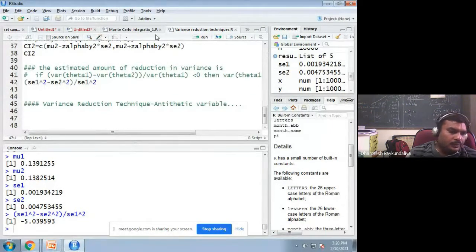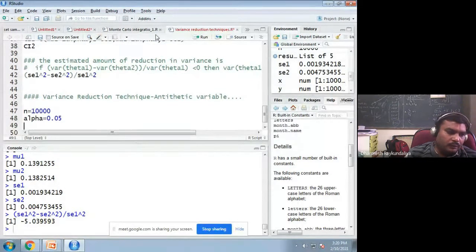So what do we do first? First, let us assign n. We'll take a larger sample size, because we know that as n tends to infinity, n is very large, it converges to the true value, the consistency property, and alpha equal to 0.05, as I need a 95% confidence interval.